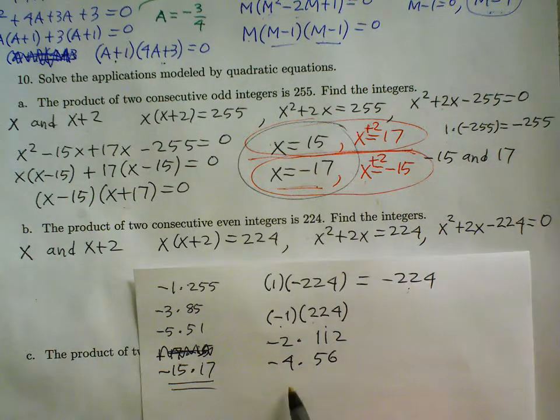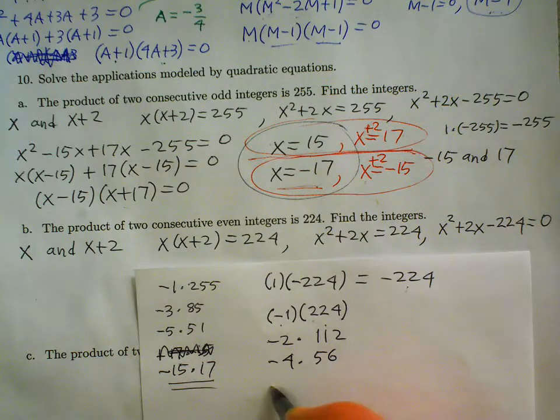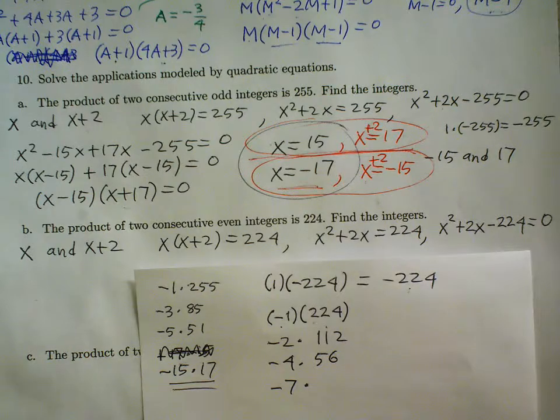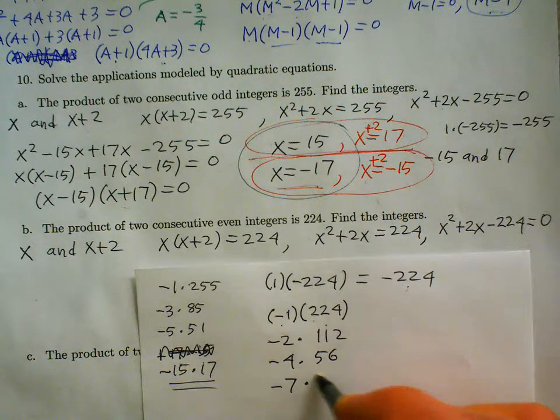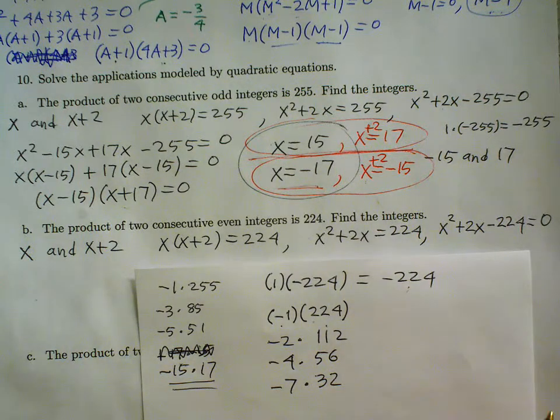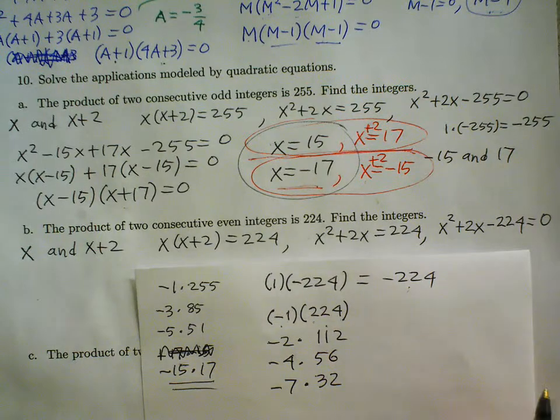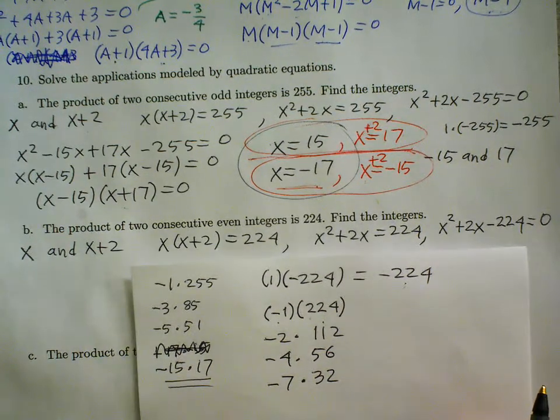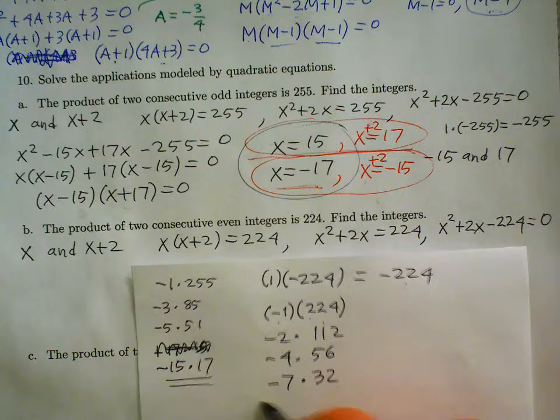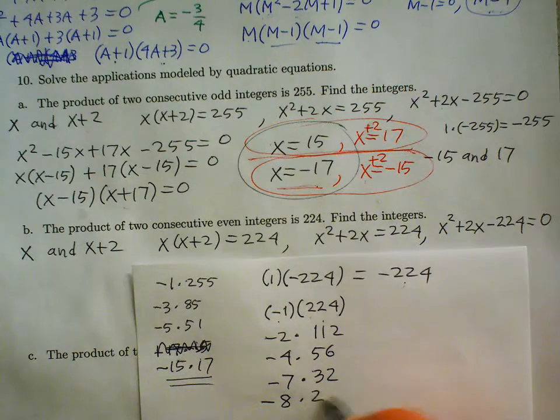Negative 5 is not a factor. Negative 6 is not a factor, but negative 7 times 32. Negative 8 times 28.